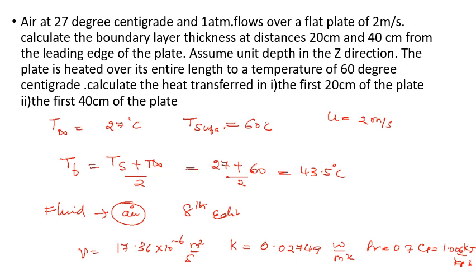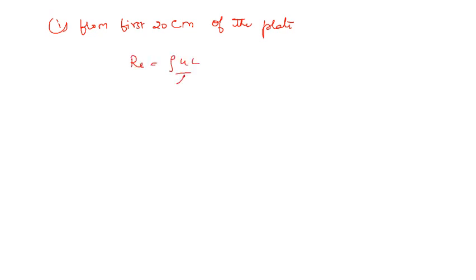So if I have to find out the heat transfer from the first 20 centimeter of the plate, we have to consider Reynolds number is equal to rho u L by mu, or I can use u L by nu.